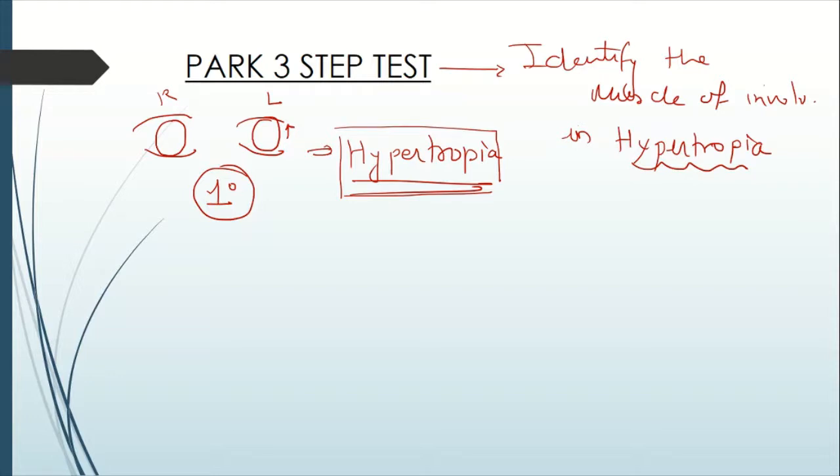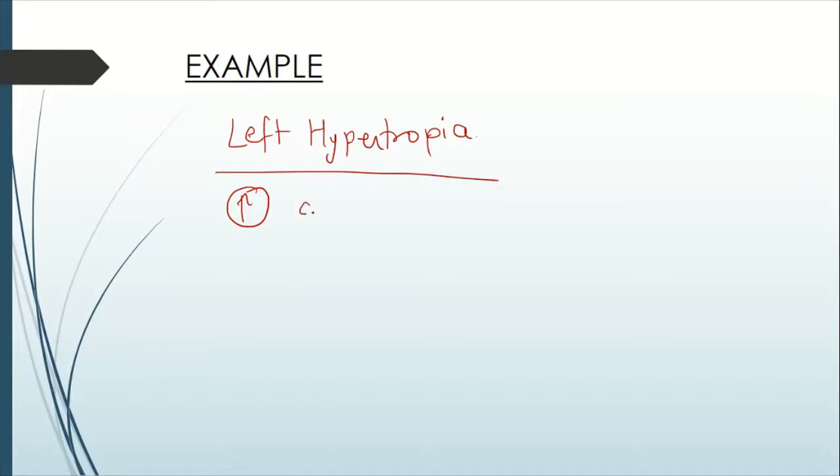Now how are you going to do that? That is what the PARK 3-step test is. Let me give you a very simple example. My patient has left hypertropia that increases with left horizontal gaze, and it increases with left head tilt.